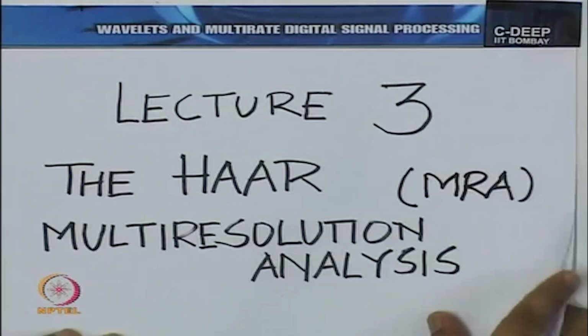You see, the whole idea of multi-resolution analysis has been briefly introduced in the context of piecewise constant approximation. Recall that we said the whole idea of the wavelet is to capture incremental information.